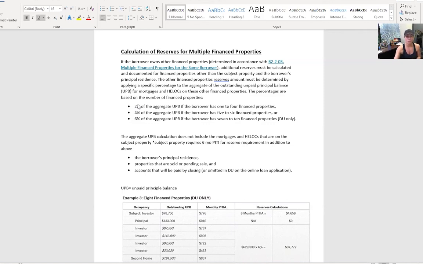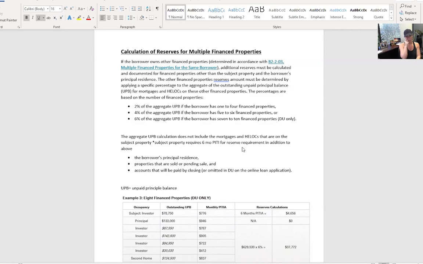Plus, if you'll notice right down here, there's a little asterisk. Subject property requires 6 months of PITI for reserves, in addition to. So we've already determined that our subject is going to be $1,000 a month times 6 months. There's $6,000 and $4,000. $10,000 would be the reserve requirement that we would have to meet in that example.